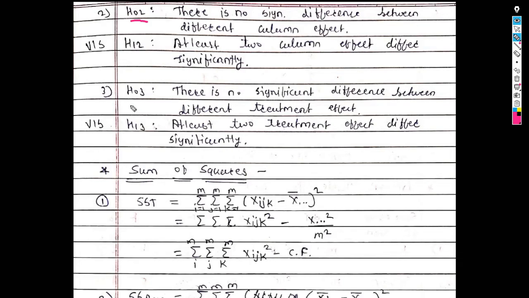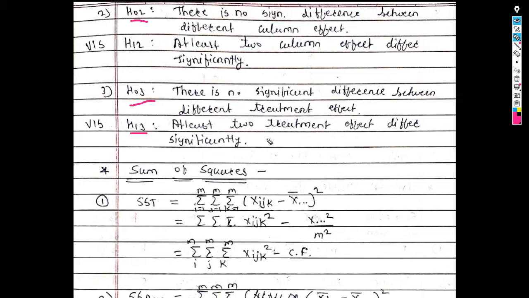Then our third hypothesis is for treatment effect. So our third hypothesis is H03: there is no significant difference between different treatment effects versus H13: at least two treatment effects differ significantly. In our problem, our treatments are 5 different formulations of a rocket propellant.